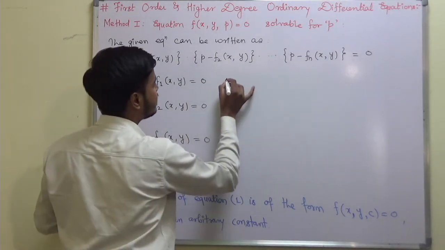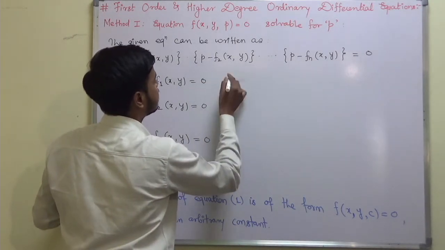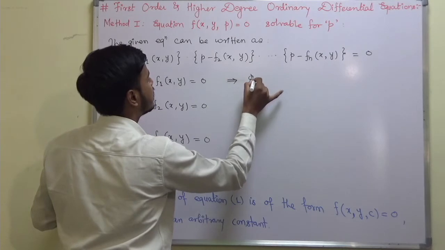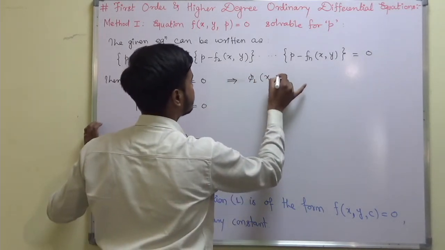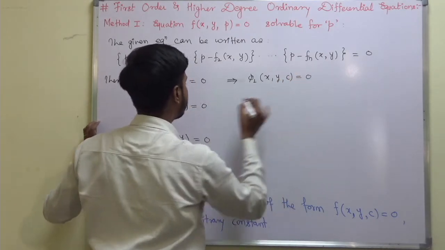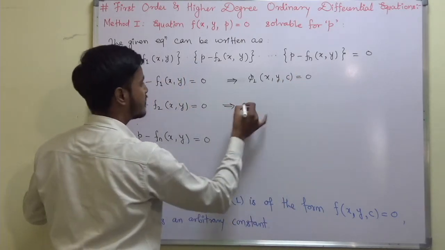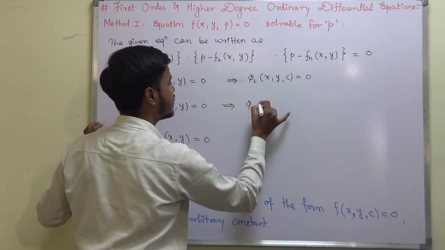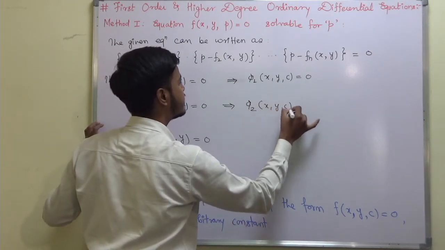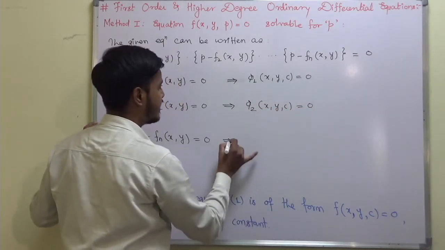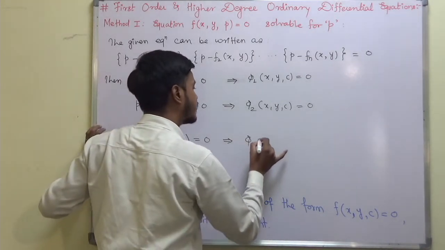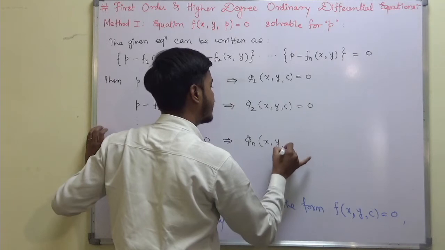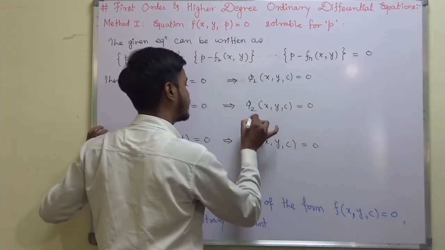This will give you phi 1 of xyc is equal to 0, and when you solve the next you get another solution, phi 2 of xyc is equal to 0, and then phi n of xyc is equal to 0.